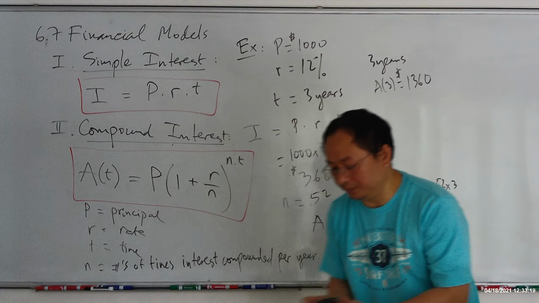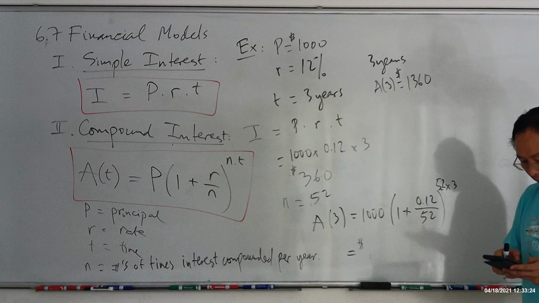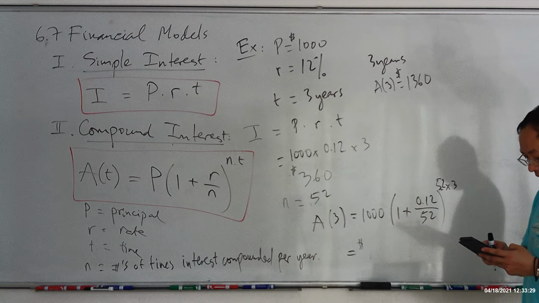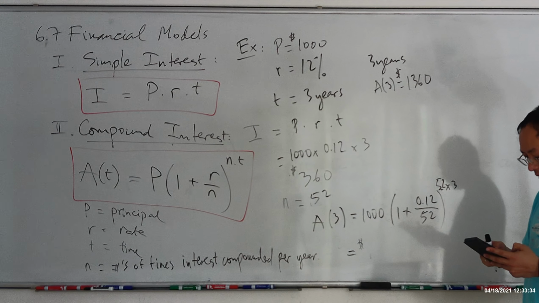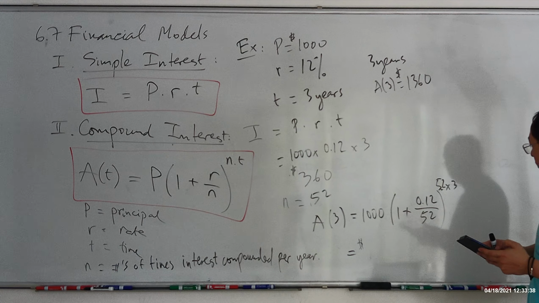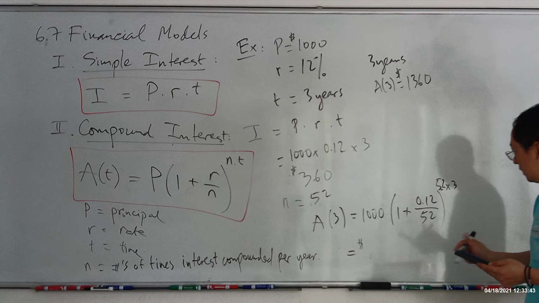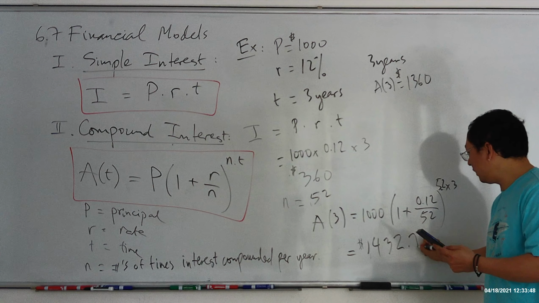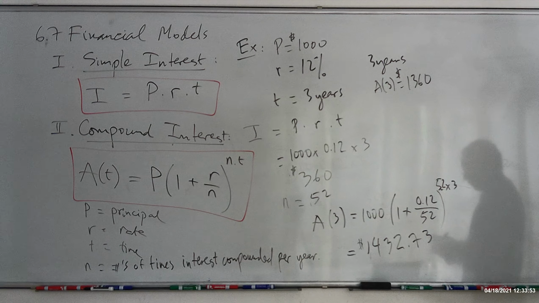My calculator. 1,000 times 1 plus 0.12, now divided by 52, and then raised to the power of 52 times 3. 52 times 3 is 156, I think. $1,432.73. You see that you get a little bit more? $2 more. About that. Okay?